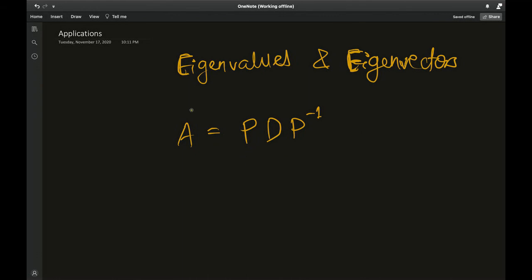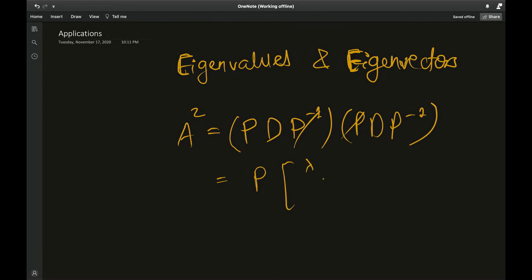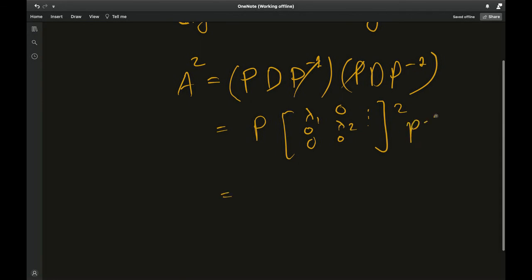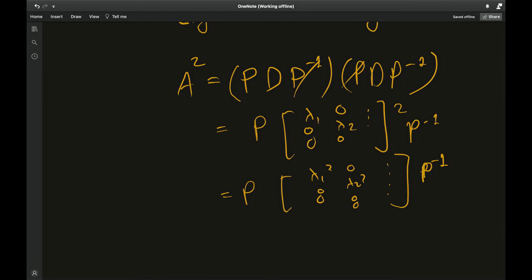And this is useful because if you're calculating higher powers of this, for example, notice the P inverse and the P will cancel to an identity, and we just have P, and since this is diagonal, raising a diagonal matrix to any power is just raising the individual entries to that power. So that's why this is so useful. If you can express any matrix in this form, you can raise it to any power, even infinite.